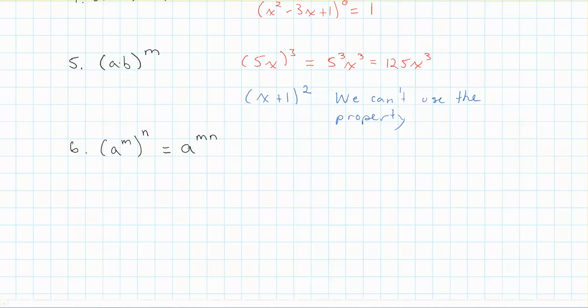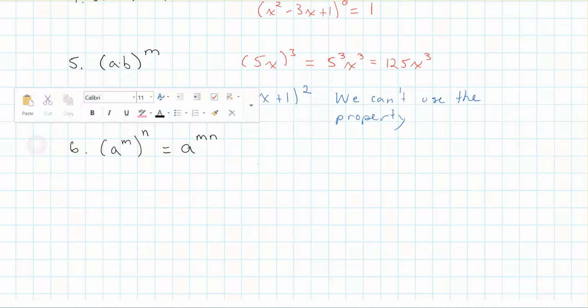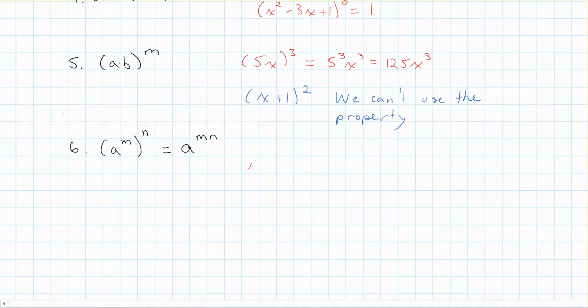So let's look at an example where we'll go ahead and simplify a little bit more using some of the previous properties. For instance, let's say we have y to the fourth, to the negative 3 power. Well, this would be y to the 4 times negative 3, which is y to the negative 12th.